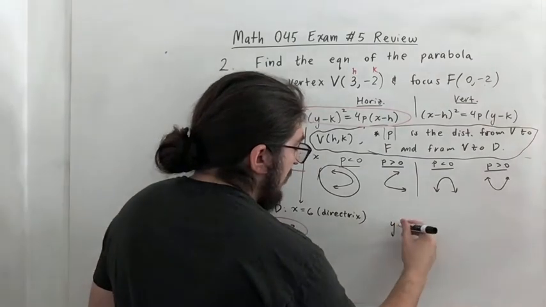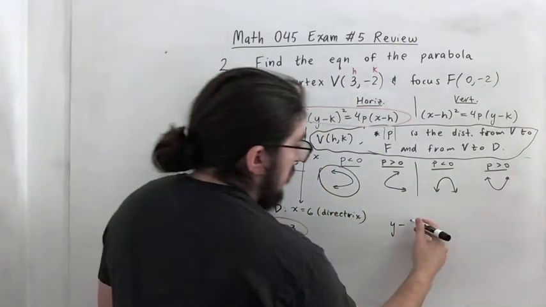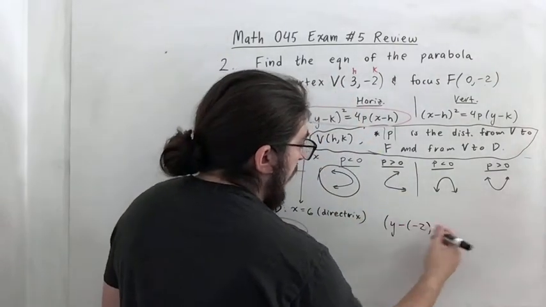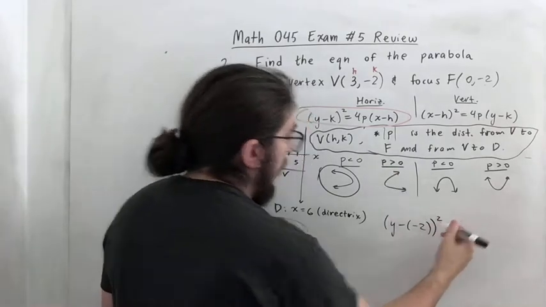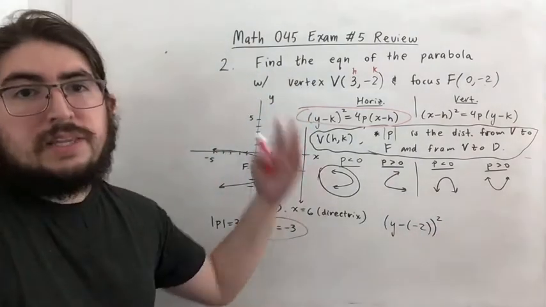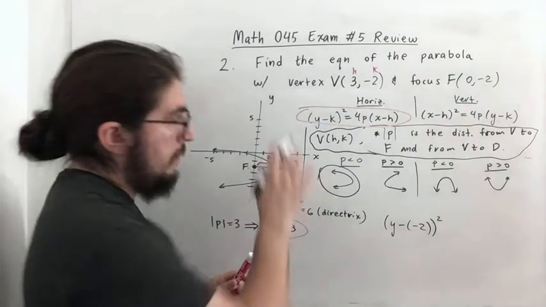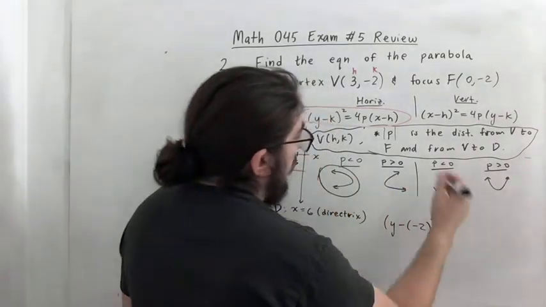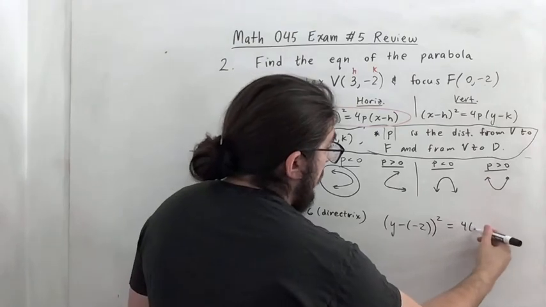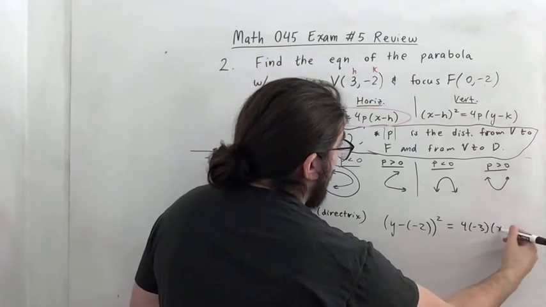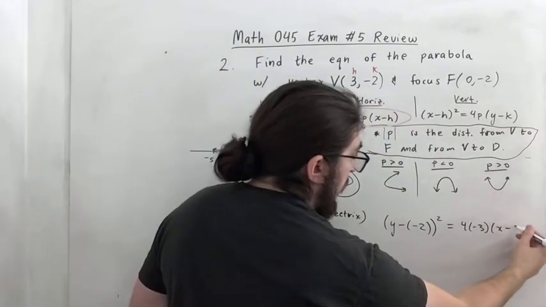So we have y minus k. What's k? Negative 2. So y minus negative 2. Okay, is that squared? Yes, it is, because it's y. Right? It's the one that's not the direction. The direction is horizontal, so that's x. The x one is not squared. So now, for p, we found negative 3 times x minus h. What's h? H is 3.